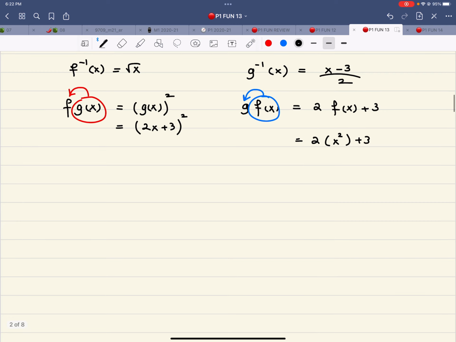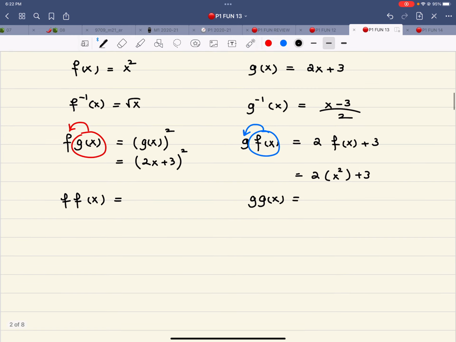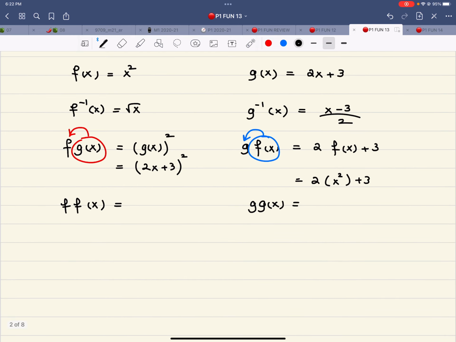Similarly, I can evaluate f of f(x) and I can evaluate g of g(x). So f of f(x) means f(x) the whole thing squared, which is x squared squared, that is x raised to the power of 4.